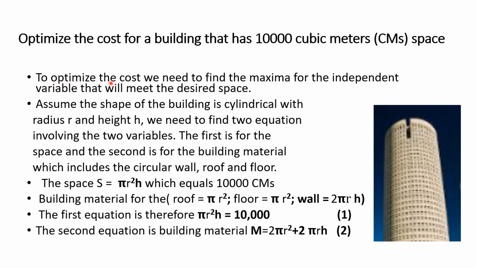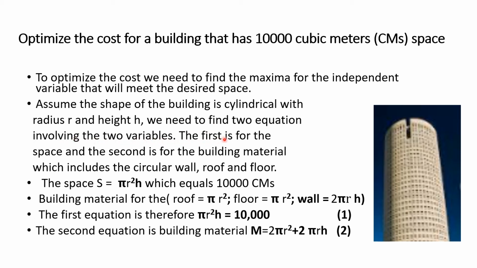To optimize the cost, we need to find the maxima for the independent variable that will meet the desired space. Assume the shape of the building is cylindrical with radius r and height h. We need to find two equations involving the two variables.